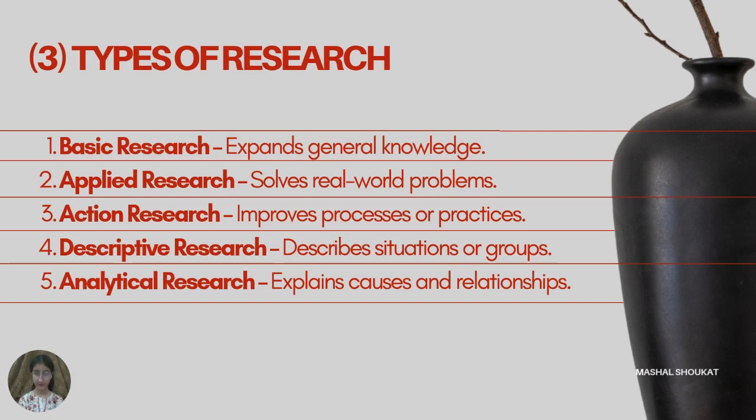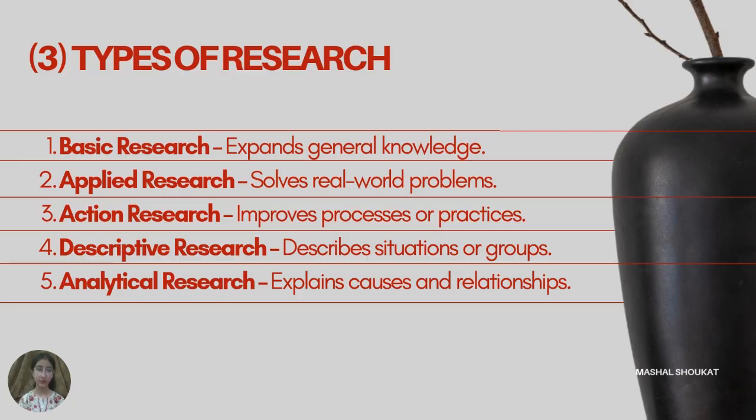Types of research include basic research, applied research, action research, descriptive research, and lastly analytic research. We will start with basic research. What does basic research even mean? It means that basic research just expands our general understanding without providing a product to solve the problem or answer the question.